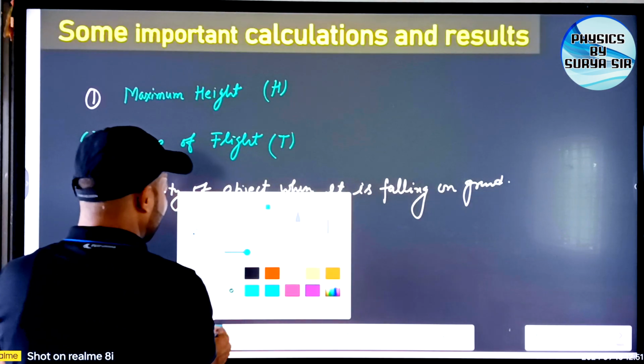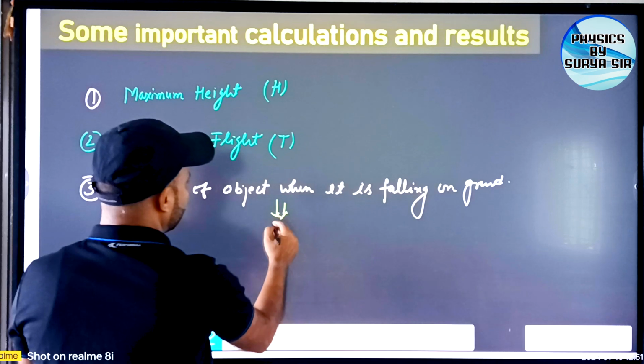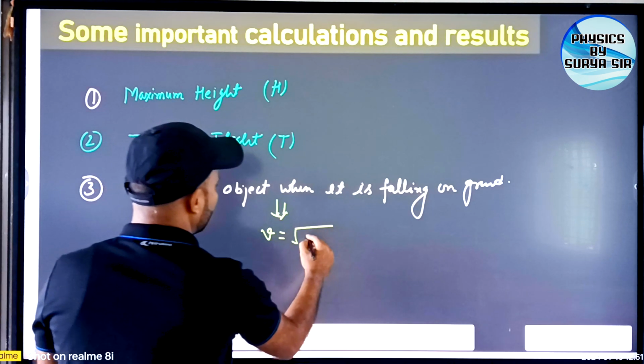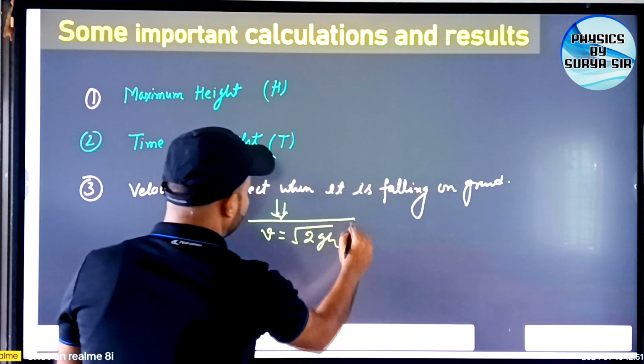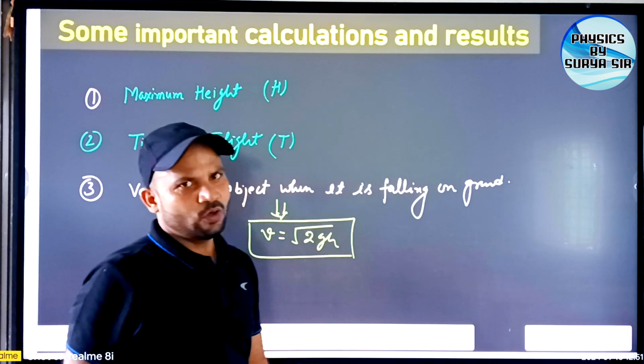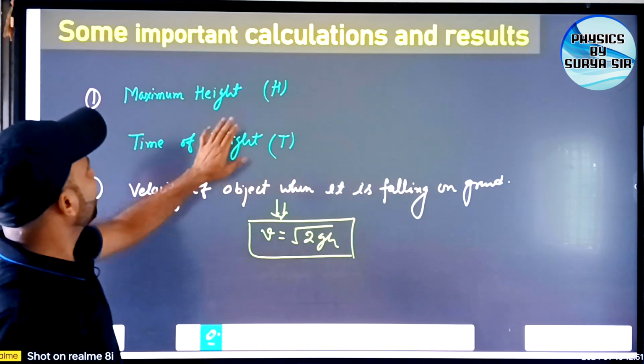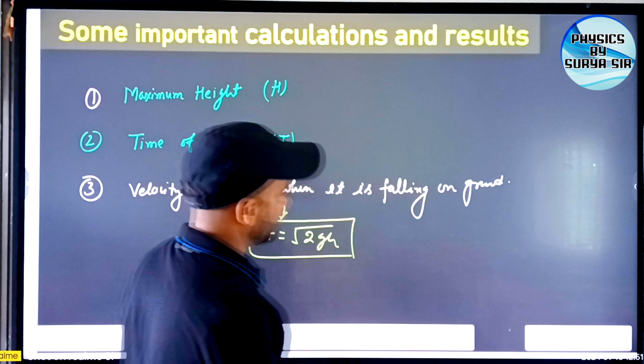Clear? And this we have already discussed. What is the velocity? V is equal to under root 2gh. We have already discussed this. Now these points, maximum height and time of flight, we have to discuss.